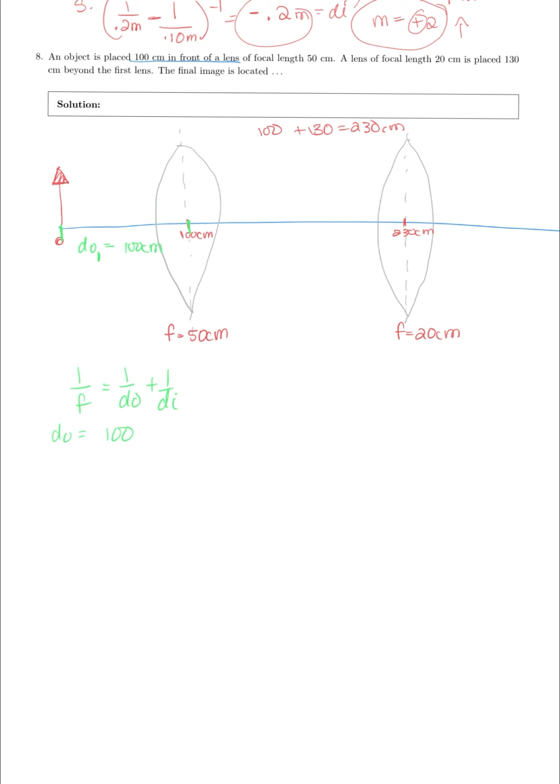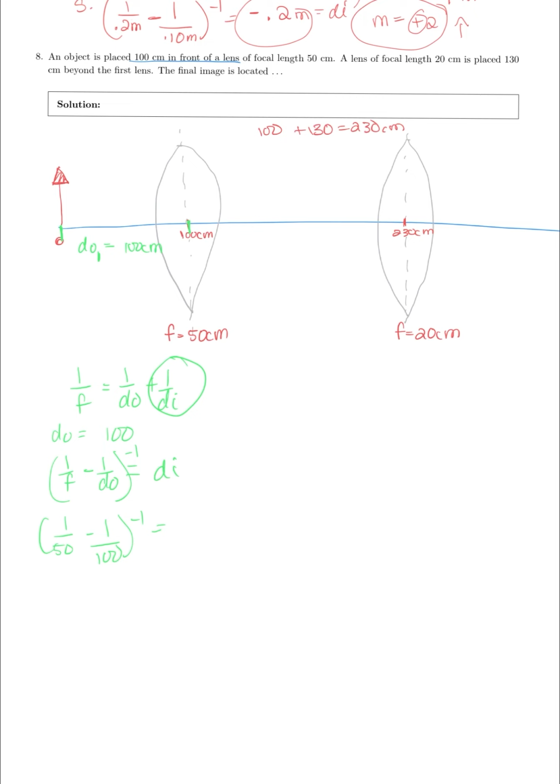And we know the focal length, so we can find the image distance. So let's solve. Let's say 1 over F minus 1 over DO equals 1 over DI, we'll take the inverse of these. So we know 1 over 50 minus 1 over 100 to the negative 1 will give us our image distance.